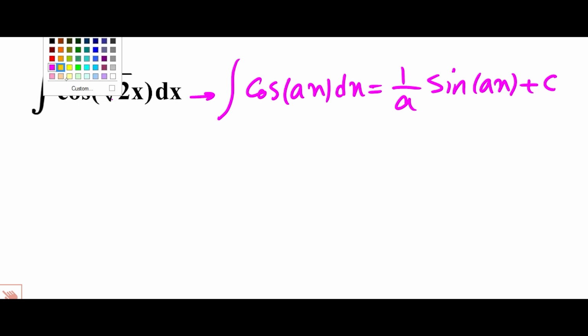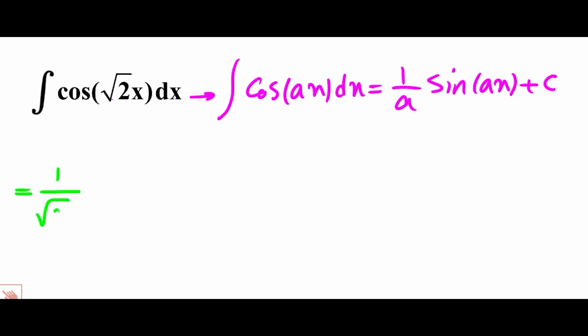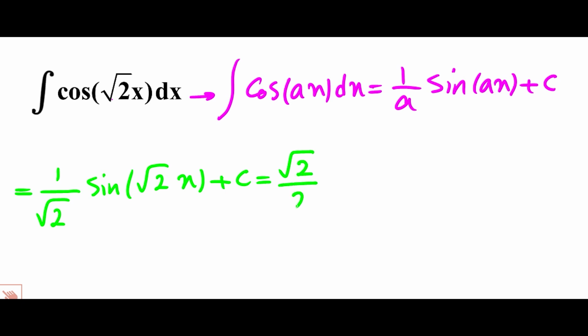So we have the integral of cosine of the square root of 2x equals 1 over the square root of 2 sine of the square root of 2x plus c, or equals the square root of 2 over 2 sine of the square root of 2x plus c.